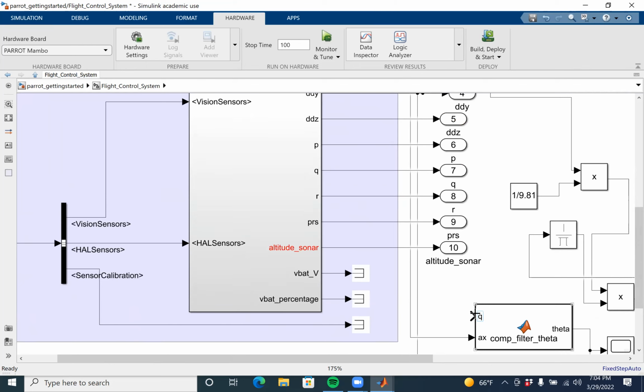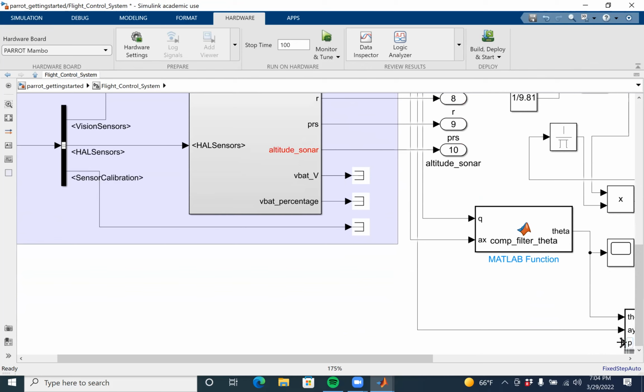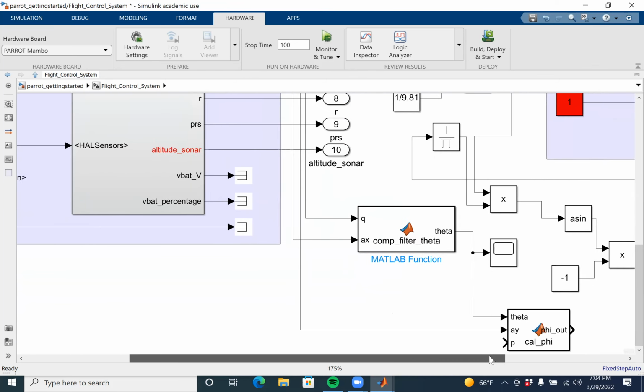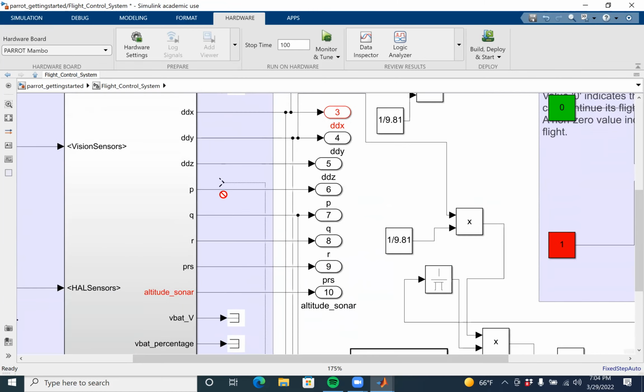So this Q should be connected to Q here. And this P should be connected to P. Let me see where is P. Okay. Is this right? So let's see.